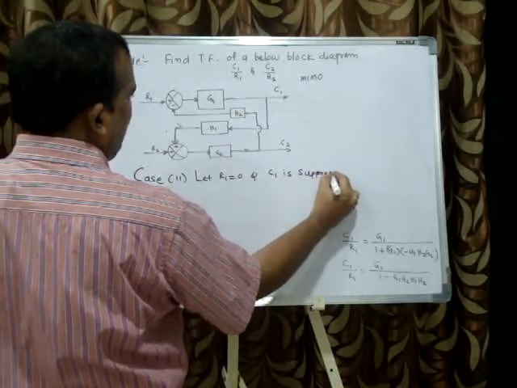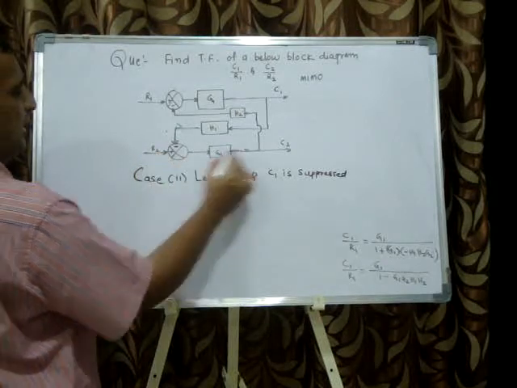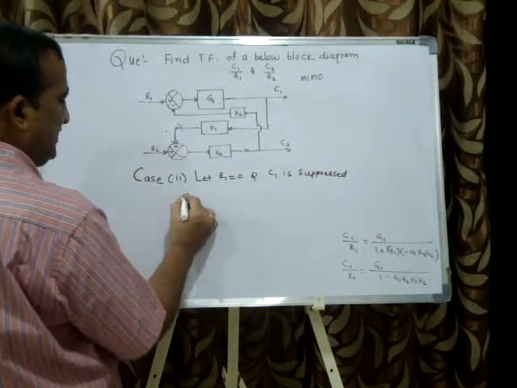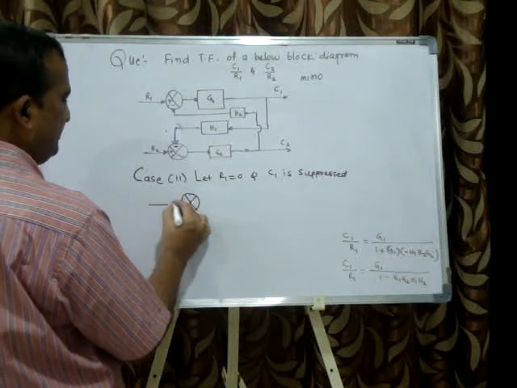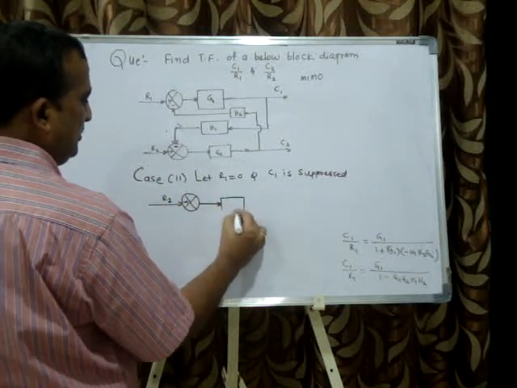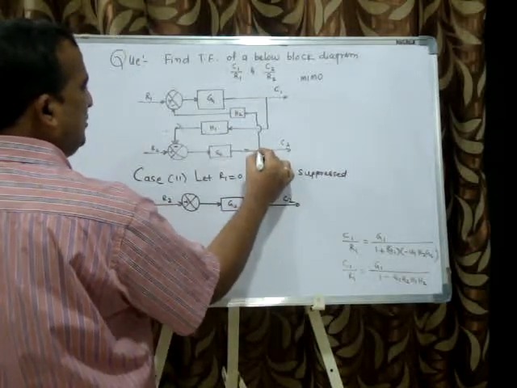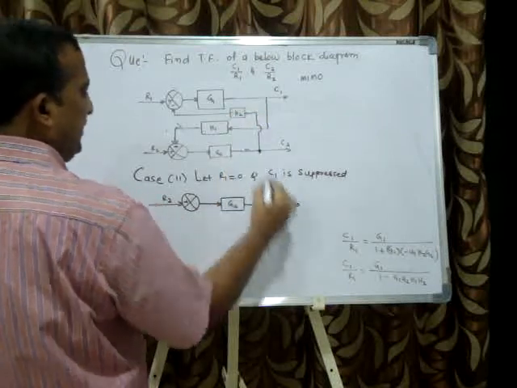I am not measuring the C1 output. I'll start from R2 and go to C2. So I'll start from R2, plus and G2, and then C2. From C2, the take off point goes to H2.